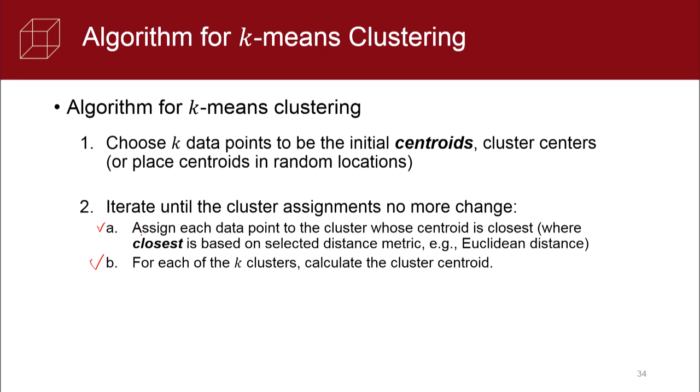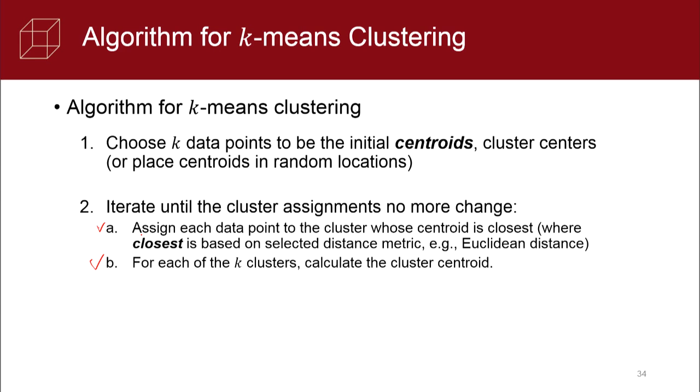That means for each data point, you calculate the distance to the k centroids, find the closest centroid, and assign that point to it.